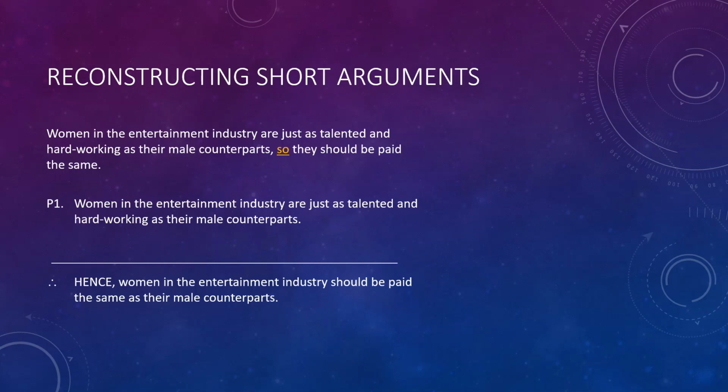Hit pause on this video and come up with an idea before resuming. There would be different ways of wording this generalization, but I think that this is a pretty clear one. Premise 2, people who are equally talented and hardworking should be paid the same.